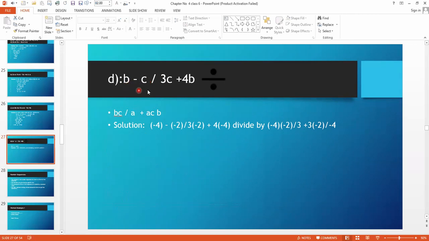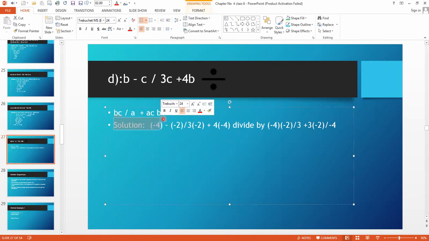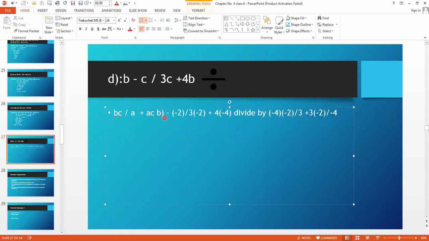Here they have written B minus C over 3C plus 4D. Okay, wait, I have to remove this. Because the value of B is minus 4, so I have to start it. B minus C is here. Okay, I have to remove all that.